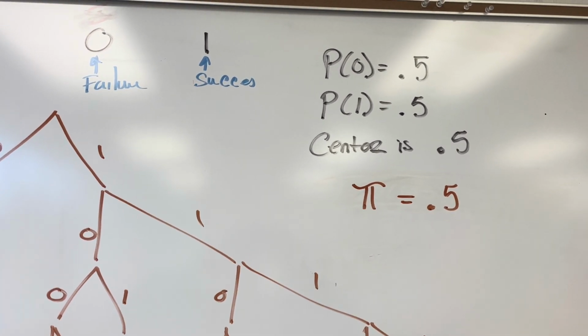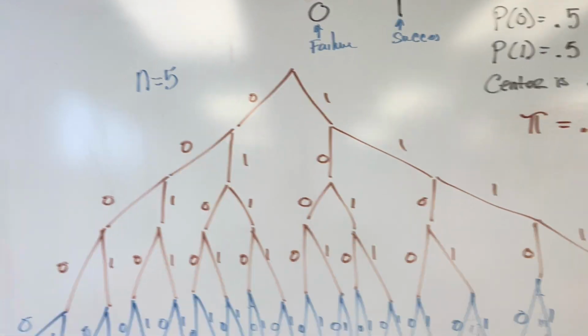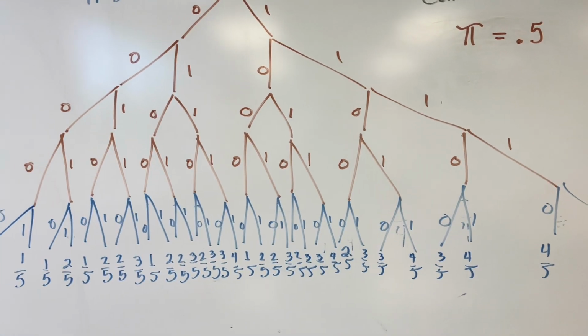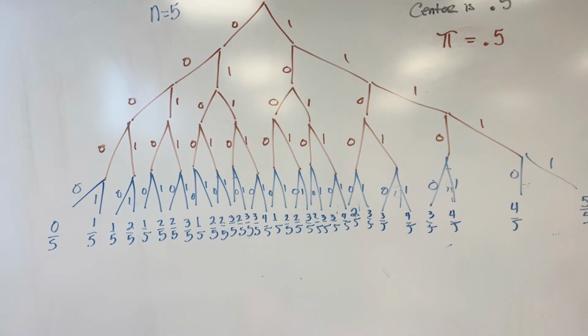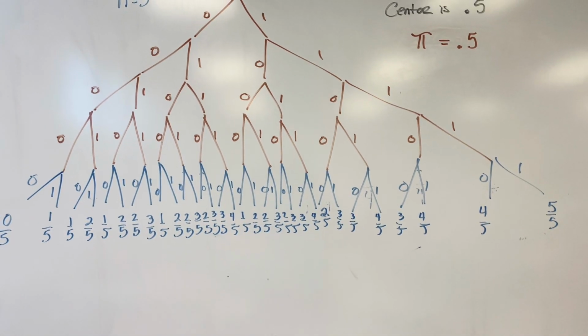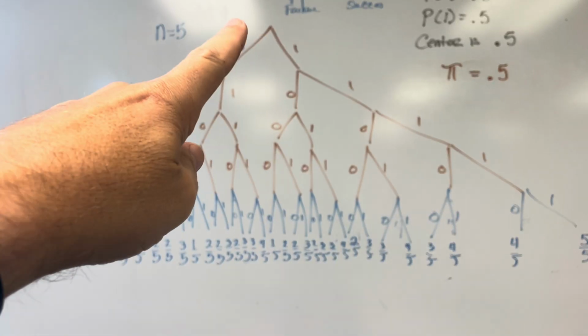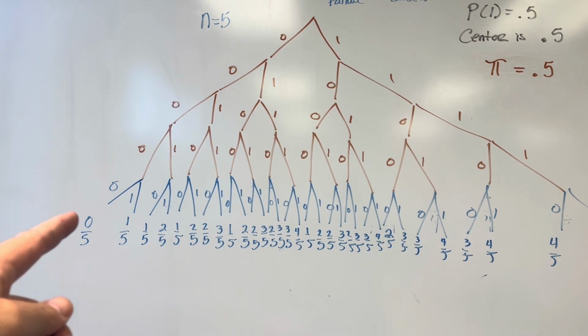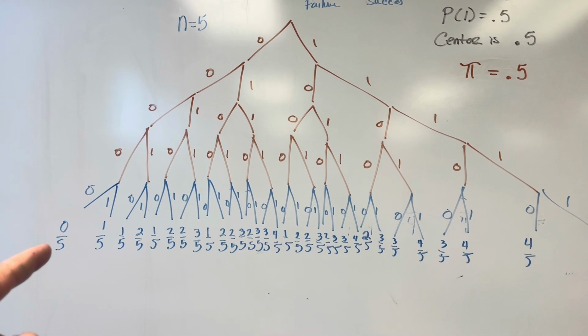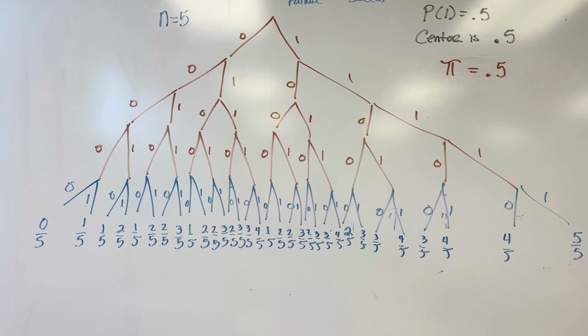Okay. Now, this is every possible sample of size 5. So you could have failure, failure, failure, failure, failure. So 0 successes out of your 5. Now notice there's only 1 of those.